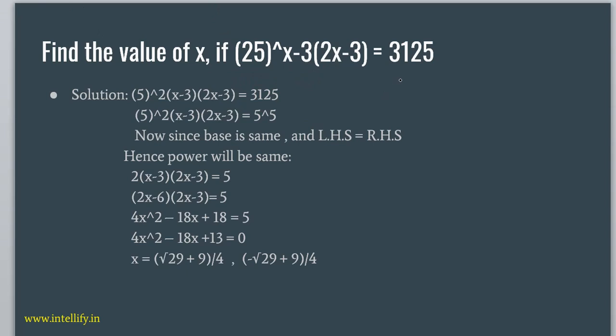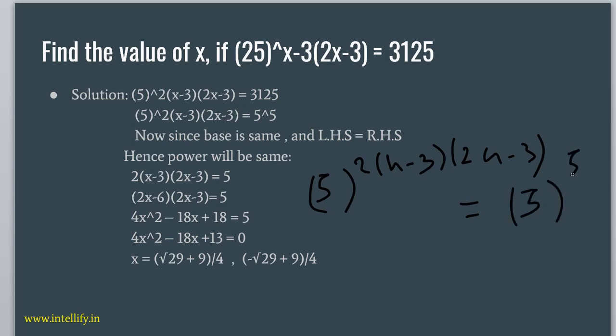So what we can do here is make the bases the same. 25 can be written as 5 square, which will give us 5 to the power 2 into x minus 3, 2x minus 3, and 3125 can be written as 5 to the power 5. So it will give us 2 into x minus 3, 2x minus 3 equals 5.